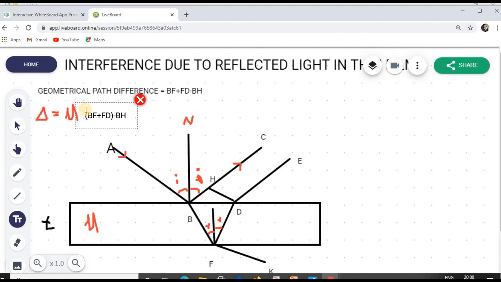Next, our intention is to find out what BF is, what FD is, and what BH is.